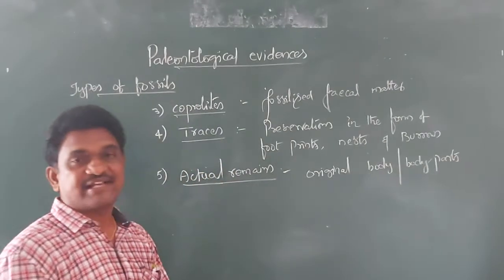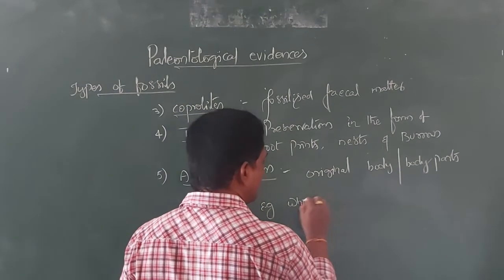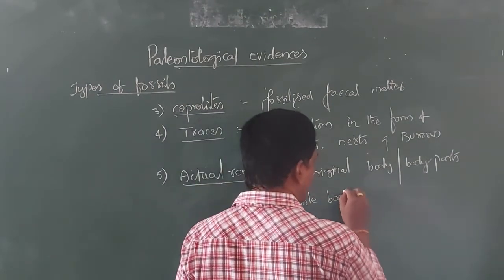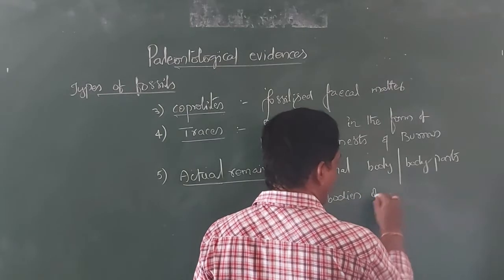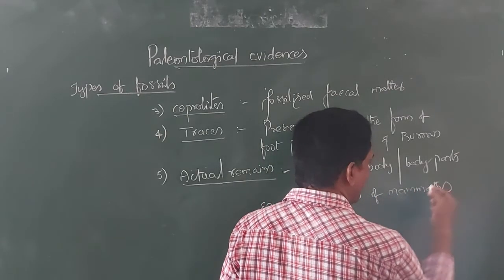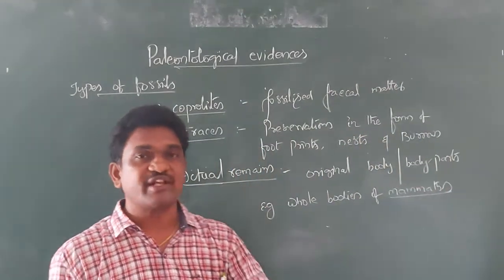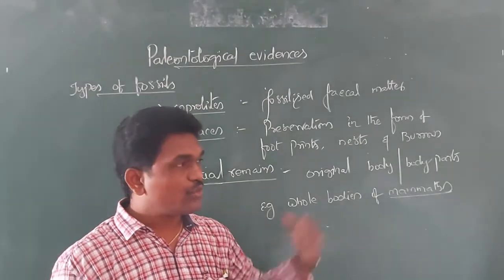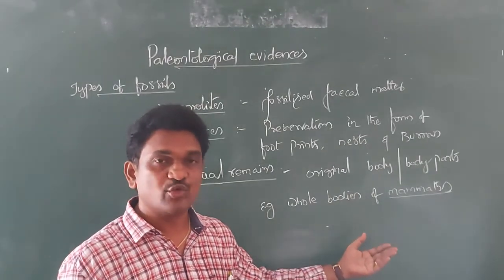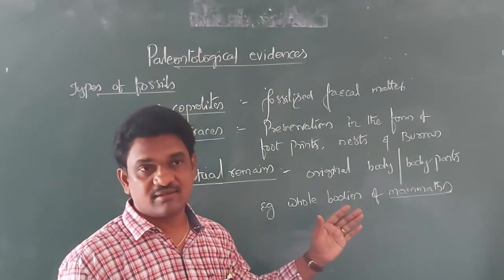What are available as actual remains? Examples: whole bodies of mammoths. Mammoths were elephants that became extinct in Siberian ice caves 25,000 years back. If you go to Siberia, you can view the mammoth's whole skeleton as it is.